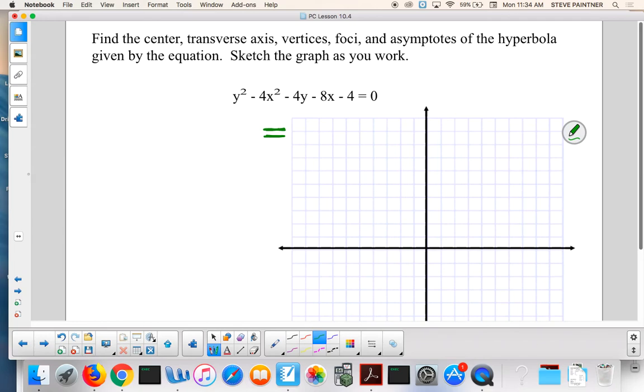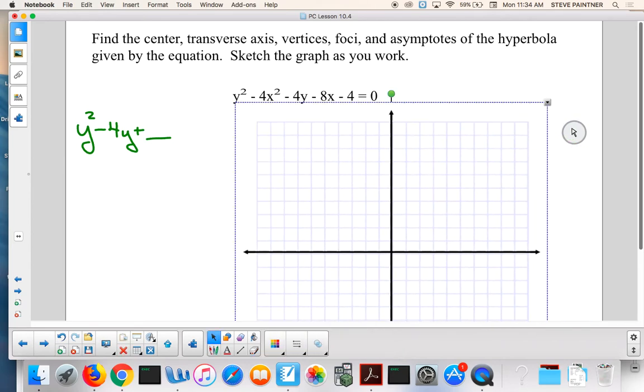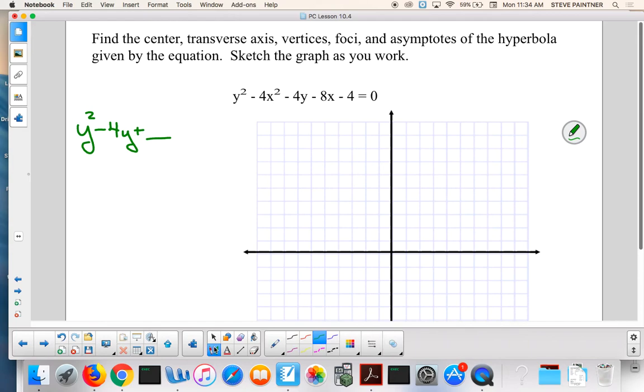Y. You had to do this, guys. You had to go y squared first plus blank, followed by what? X squared second, and I would go plus negative 4x squared minus 8x plus blank.